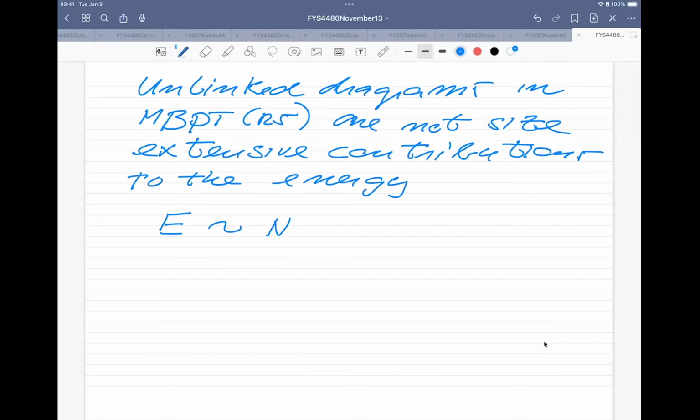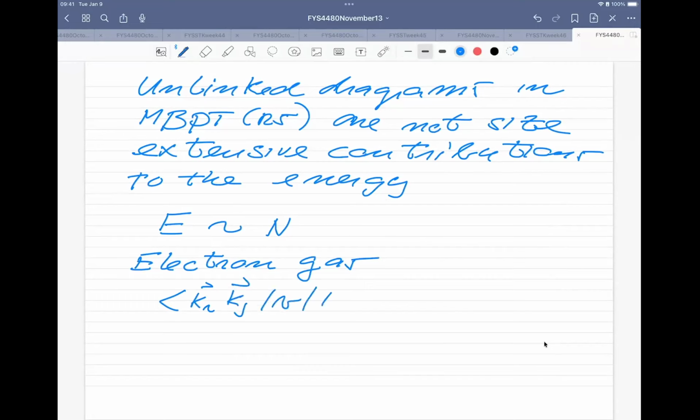So one way to see that is to look at the electron gas. We can use the electron gas, which we discussed earlier, as an example. In that case, we had an interaction which depended on the wave numbers. So we have a k_i, we have a V, and we have a k_m and a k_n.